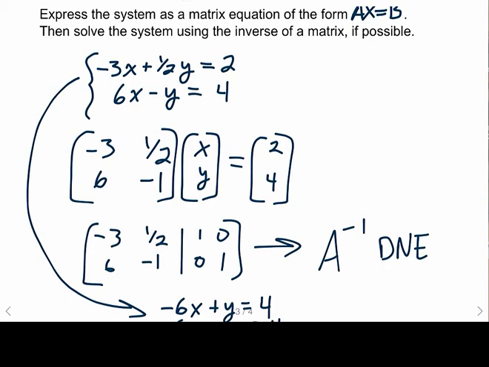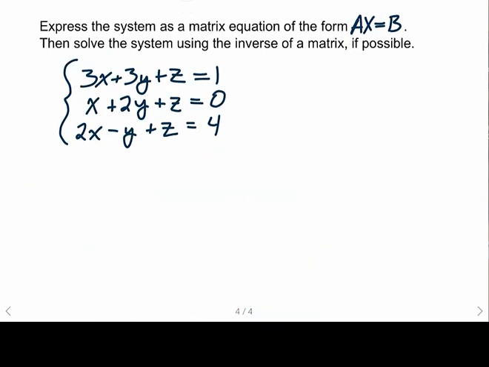Next, we have the same instructions, and our system is 3x plus 3y plus z equals 1, x plus 2y plus z equals 0, and 2x minus y plus z equals 4. Pause the video, express the system as a matrix equation of the form AX equals B, find the inverse of A, and then solve the system.